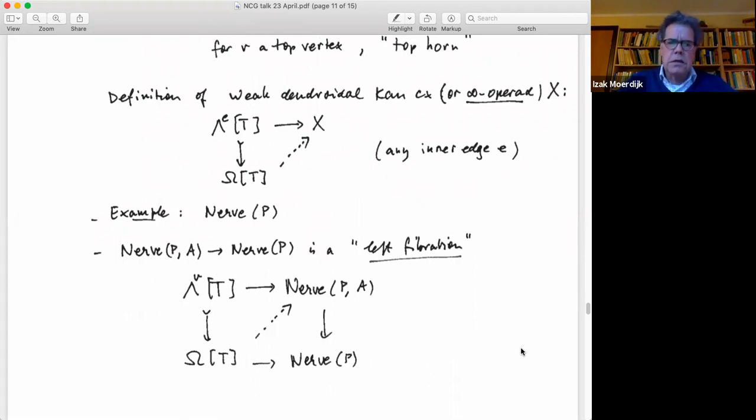It has a lifting property of this kind. So if you take an inner horn or a left horn, but inner horn is sort of automatic from what I said before, but a left horn, you will have this lifting property. Okay, and if you know something about Quillen model categories, then it's full of axioms and things to check of this kind. So this is what is called the left fibration.